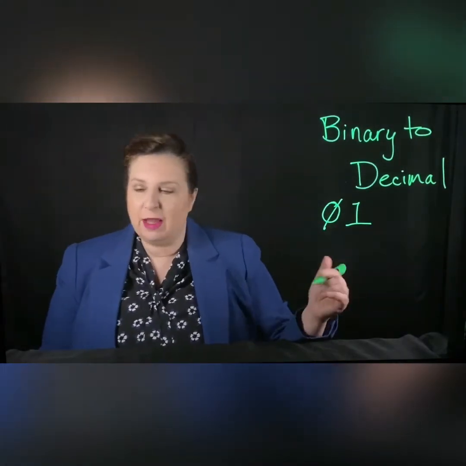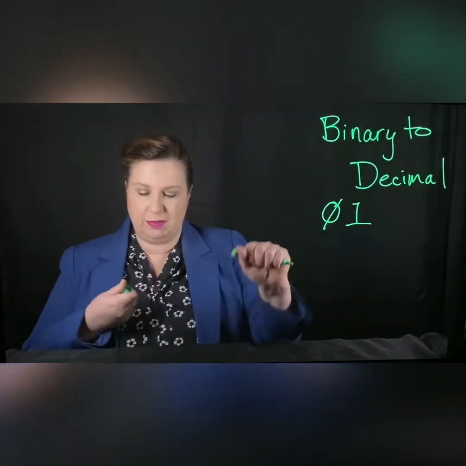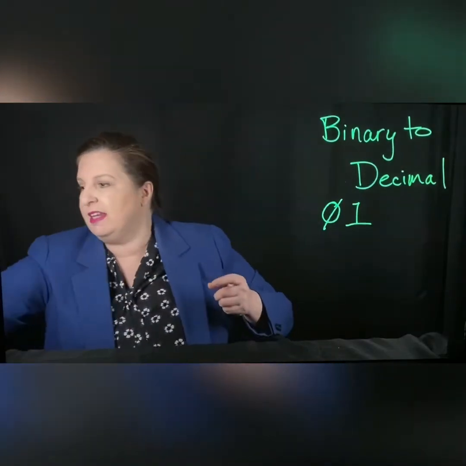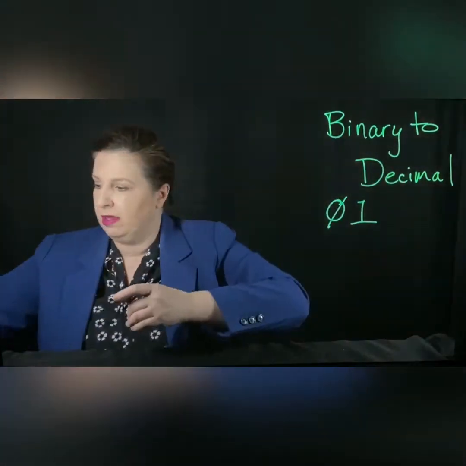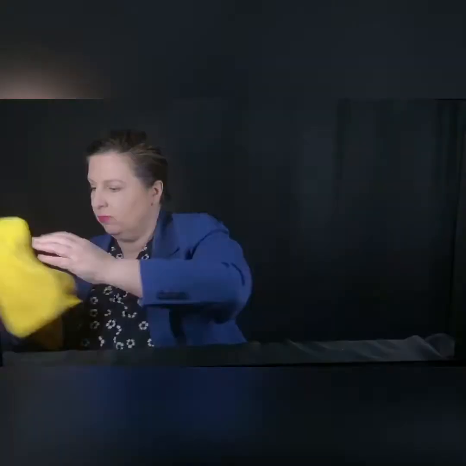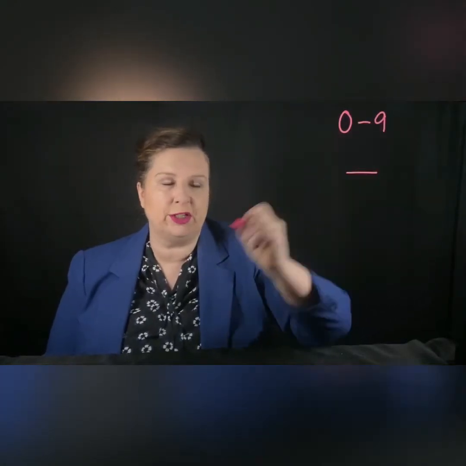So if you think about base 10 decimal numbers, and here, let me erase this. When you think about base 10 decimal numbers, we have numbers 0 through 9. And those go in the ones position.